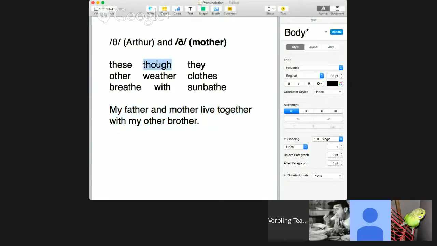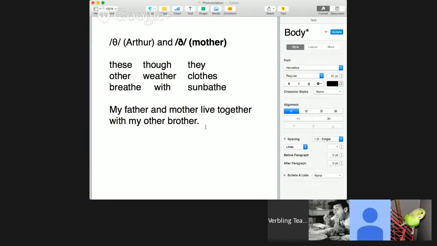So the first one, it's not though, it's though. That's better. This one is one syllable, and I know it's quite hard to fit in all the sounds, but it should be clothes. Clothes. Much better, well done. And this one, the vowel sound is an E sound, so breathe. Breathe. Well done, perfect. Okay, Giselle.